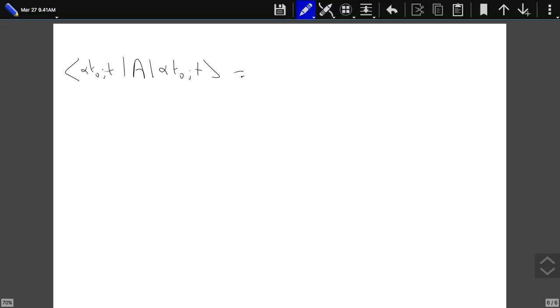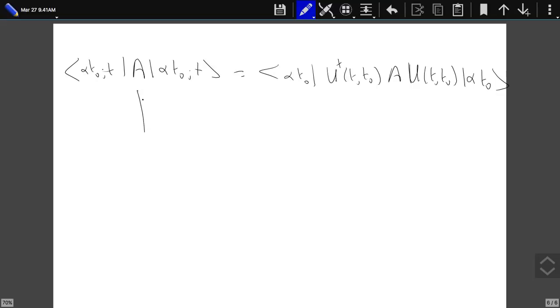Well, we know how the kets evolve in time. So this is alpha t0, u dagger t t0, A, u t t0, alpha t0. But once you write this expression, you basically have two different means of interpreting the same result.